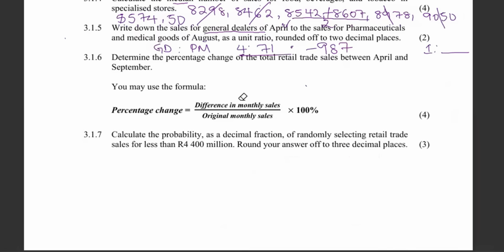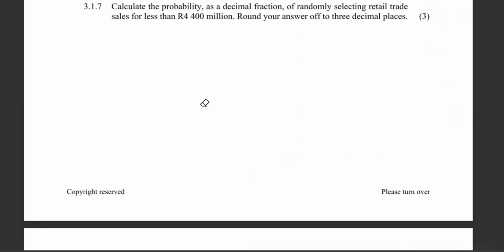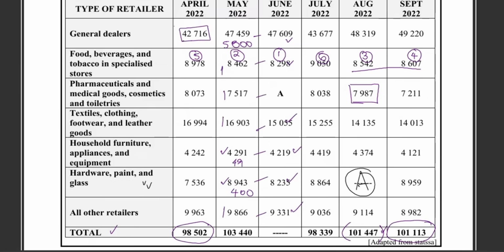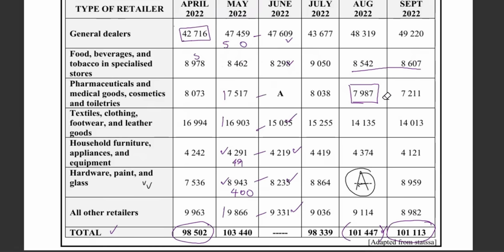And the other question asks us, calculate the probability as a decimal fraction of randomly selecting a retail trade less than 4,400. So we're going to look for retail trades that are less than this. Remember, all these are retail. But you're going to look for the one which is less than 4,400.